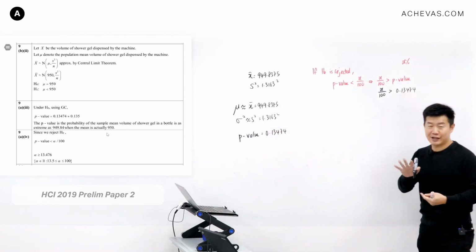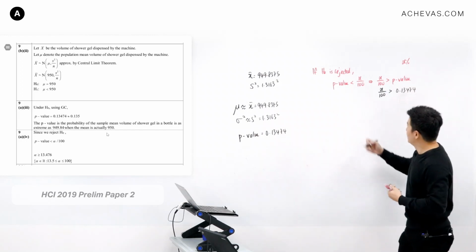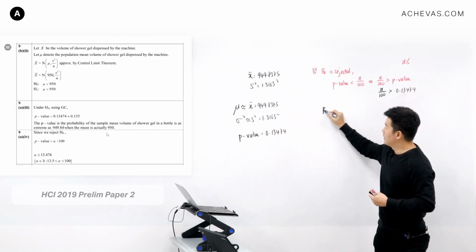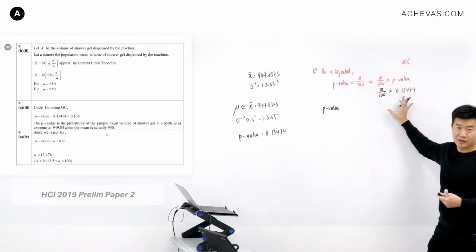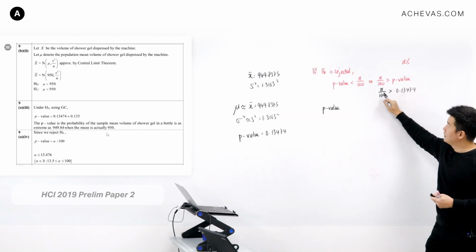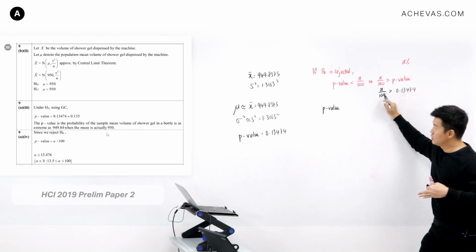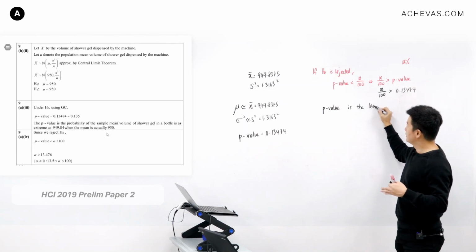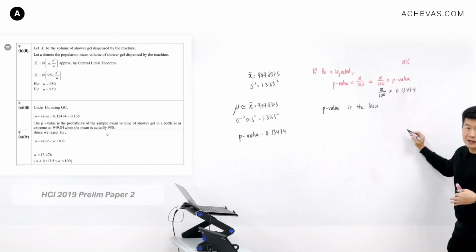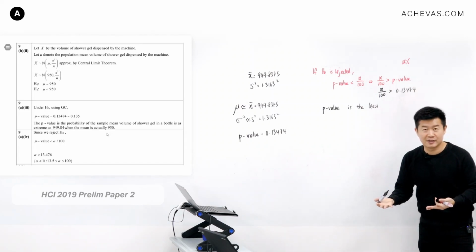But in the actual thing that I'm supposed to write, I'll write this. I'm going to write the whole thing for you. I'll say that p-value, in my head I'll go through this whole thing, defines for me the least level of significance. So p-value is the least level of significance, and I will not write least level of significance.